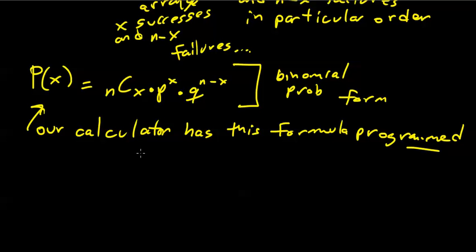And I'll show you how to get there in a minute. How the calculator has it stored, the syntax is binomPDF. Binom, of course, for binomial, PDF for what they call a probability density function.